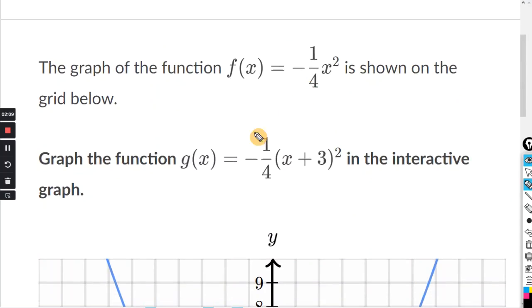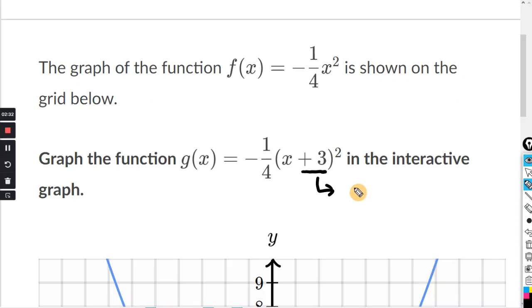The function g of x is the same as f of x with the exception of this inside the parentheses. Recall in the notes we said when you add inside the parentheses, that actually shifts it left. So this is x squared and this is x plus 3 squared. Everything else is the same.